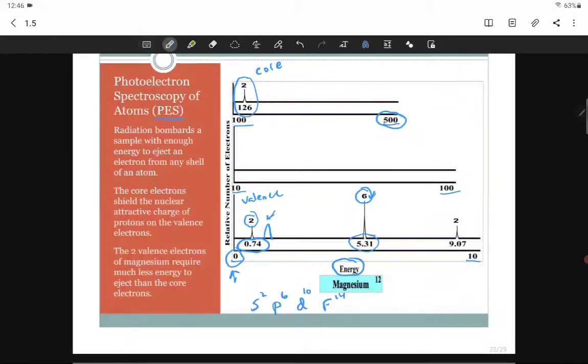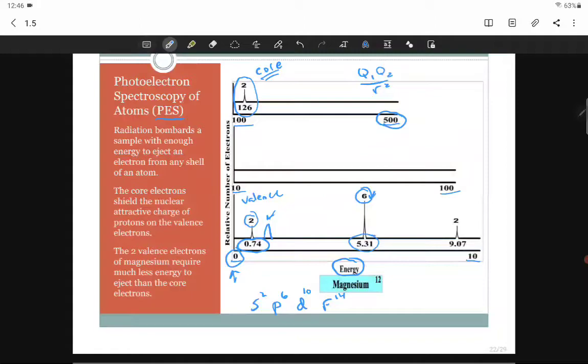So it takes a tremendous amount of energy to get rid of those. Why? Because of Coulomb's law, not Q, but R. R is the distance from the electrons to the nucleus. And these electrons right here can't get any closer to the nucleus. So that R, I think I gave you R squared, but that R number is going to be tiny. If that's tiny, the Coulomb attraction is going to be the largest.